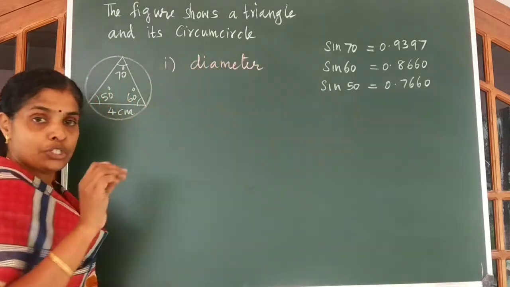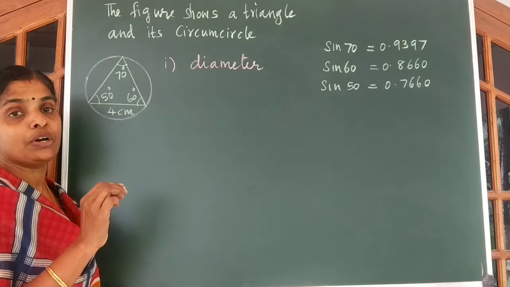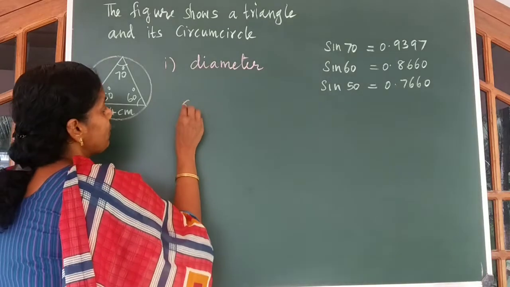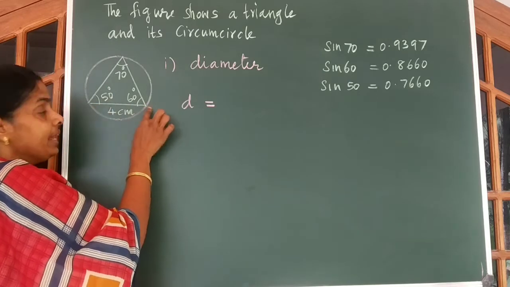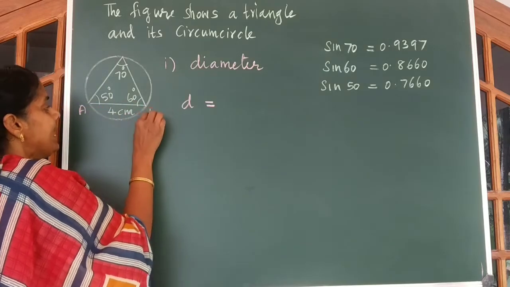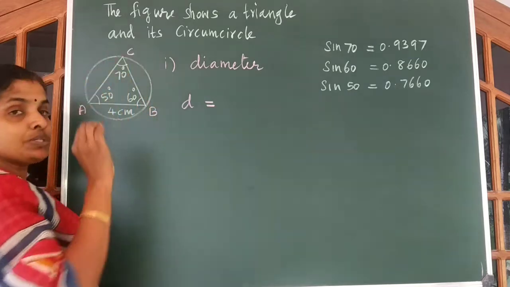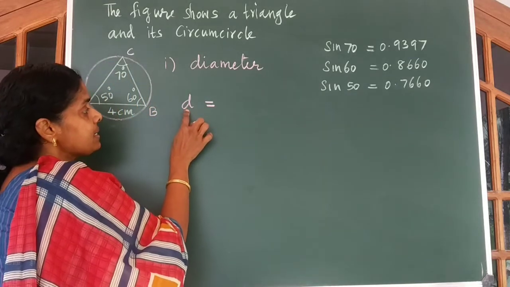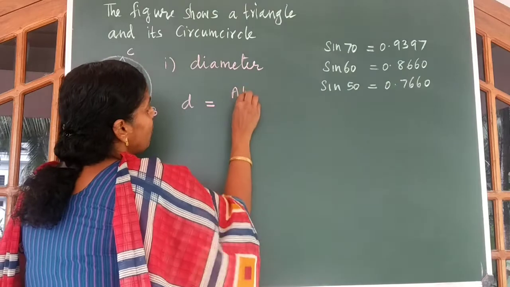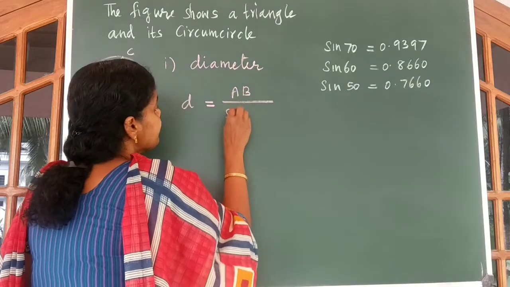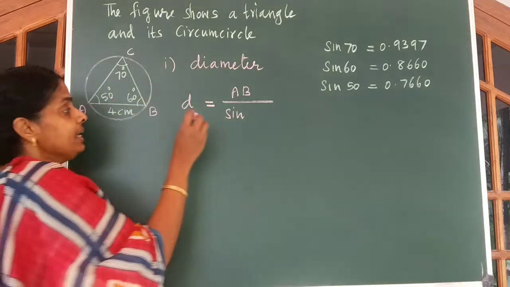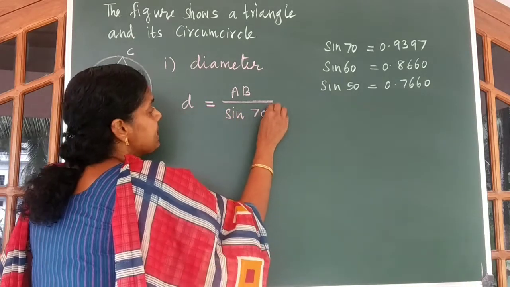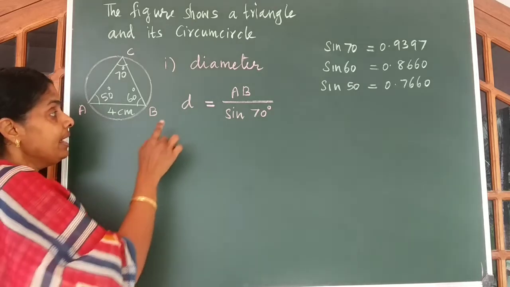Just now I told you to find the diameter of a circle, we use the formula diameter is equal to the length of the chord. Let me name this chord as AB. So we can write D is equal to the length of the chord divided by sine of the angle opposite to this chord, that is 70 degrees. Is it clear, children?